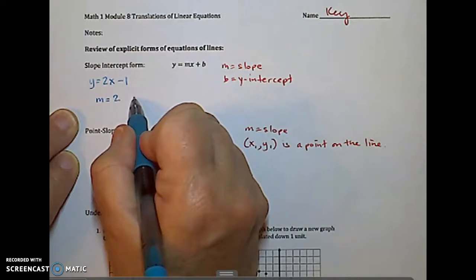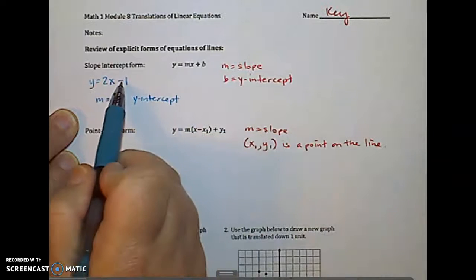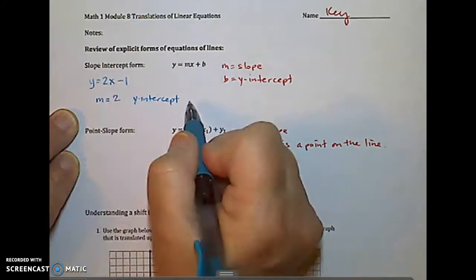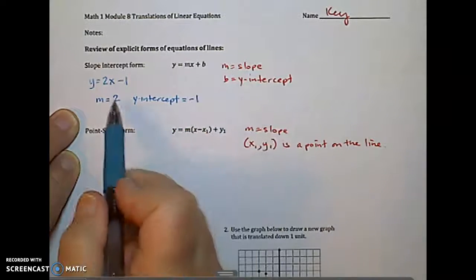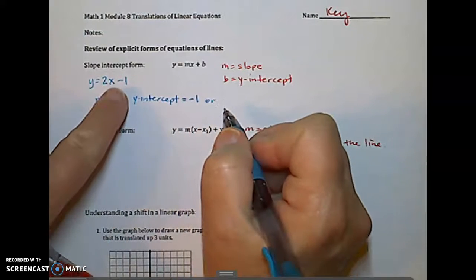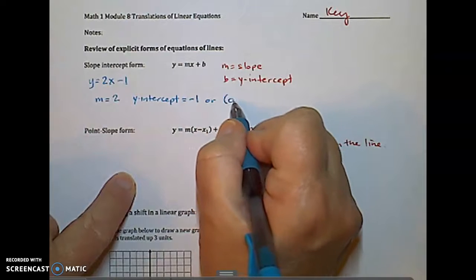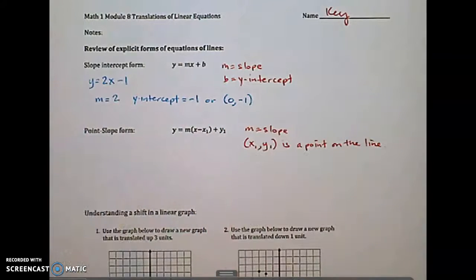And then the y-intercept is actually -1. The sign has to go with it. Another way to write the y-intercept is to write it in ordered pair form. And if y equals -1, that means x equals 0. So it'd be (0, -1).